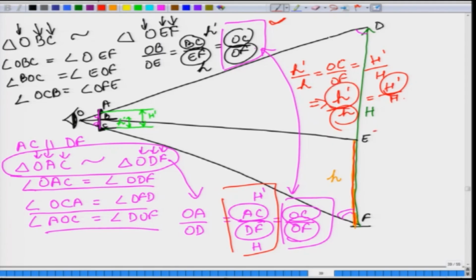So, if you rearrange the equation, you get H is equal to H prime into H by H prime. So, this is how you can make use of a hypsometer and the method of similar triangles to find out the height of a tree.